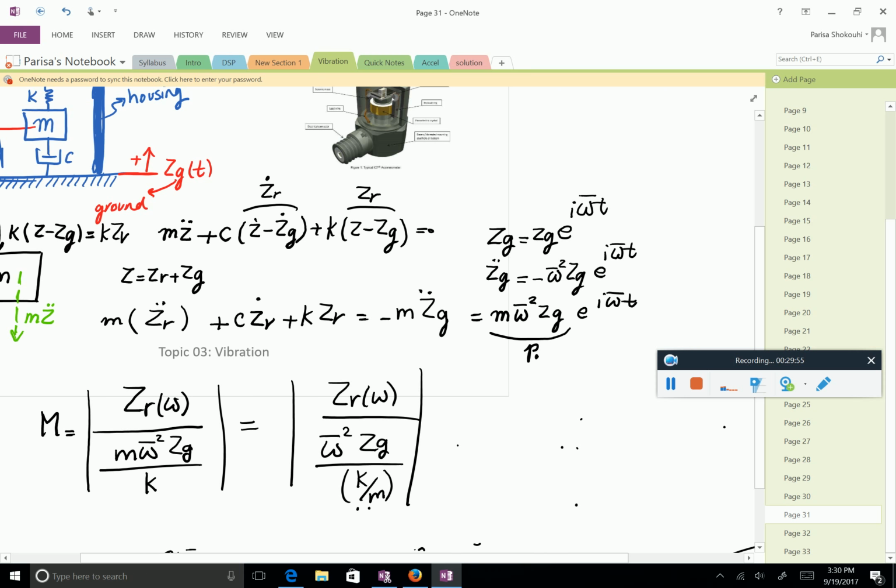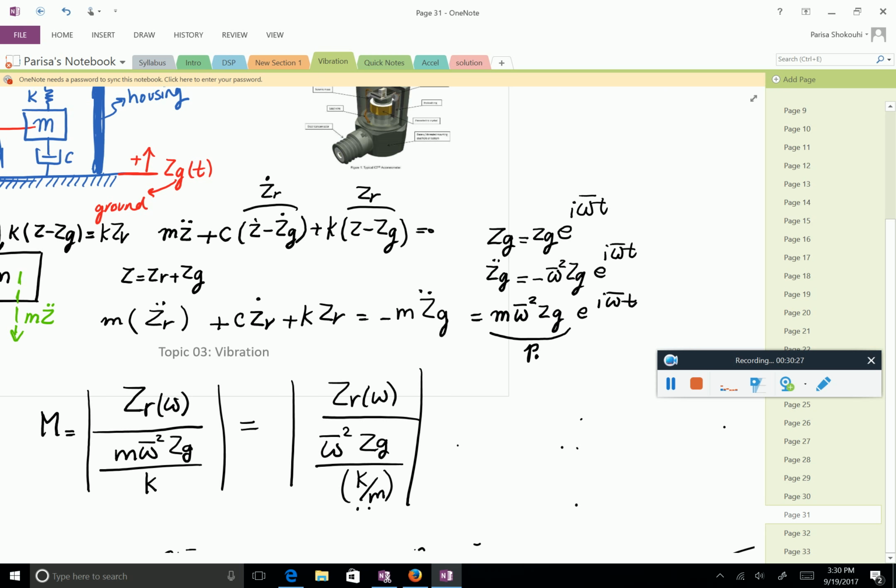If we assume that this is harmonic, the acceleration is always negative omega bar squared z_g, so for m it is negative omega bar squared z_g, and that's e^(i omega bar t).